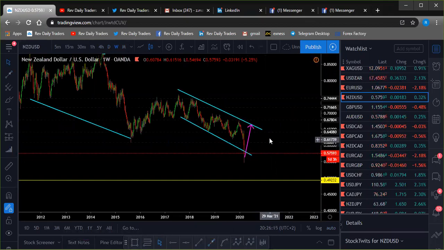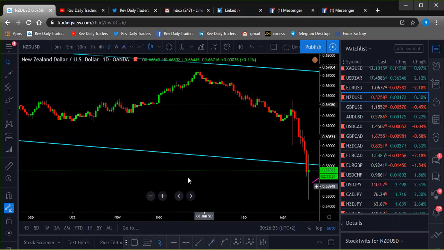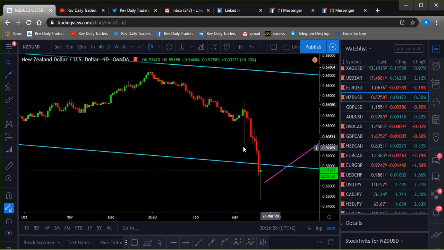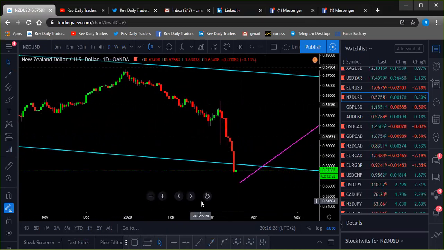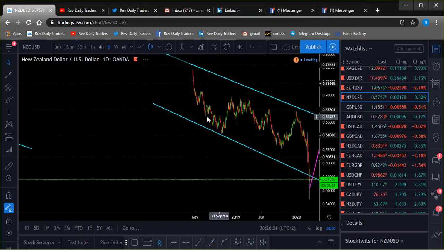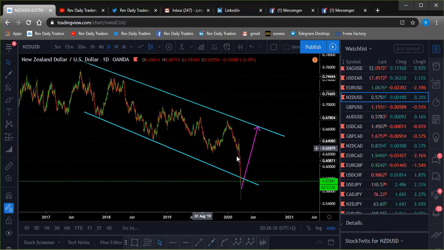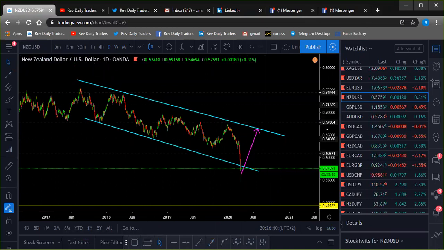So what you should look for on lower time frame is the price action that is happening. Regardless, don't look at the candles, look at the price, the patterns that we are trading, because if you look at the candles, you're going to be misled.